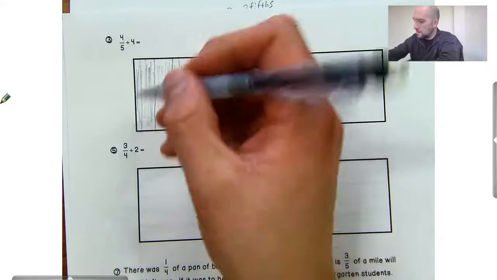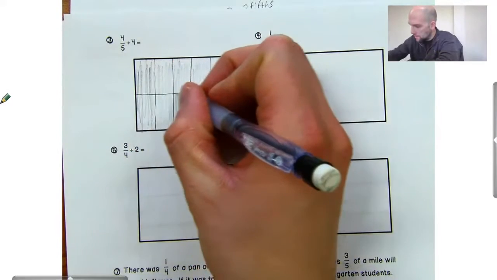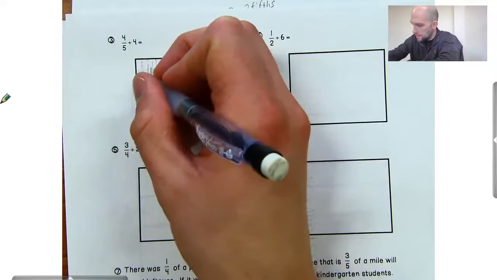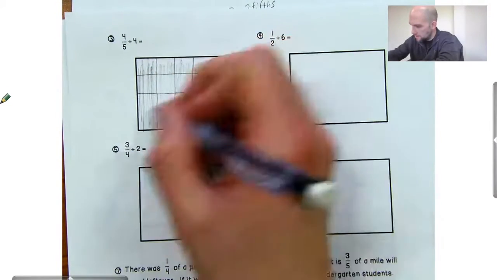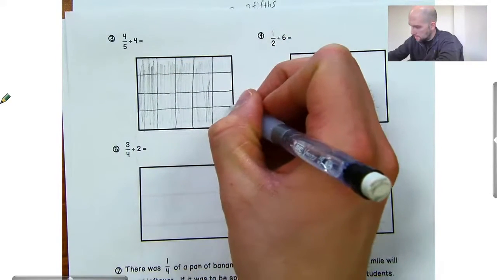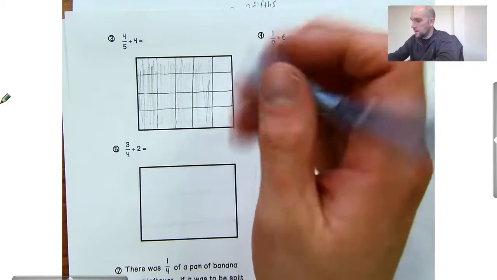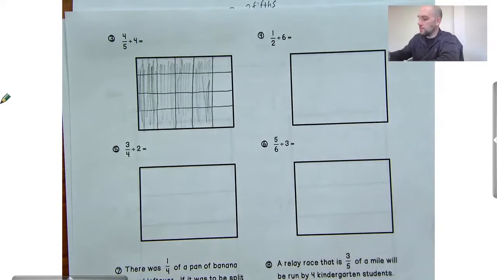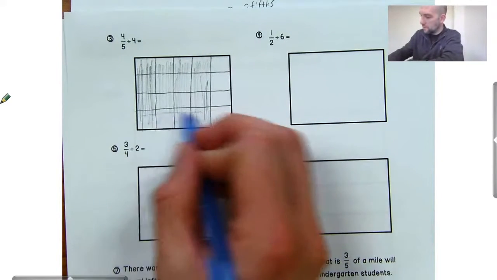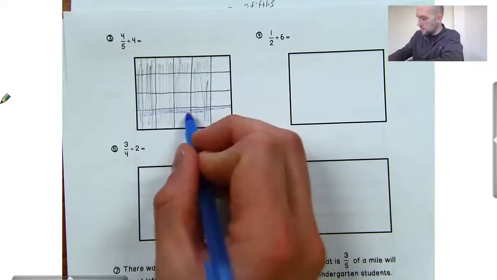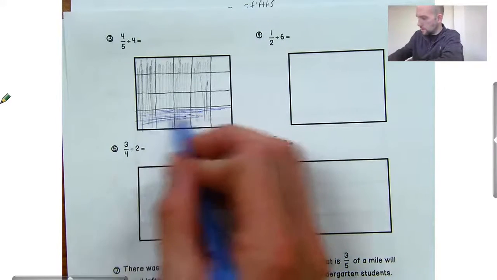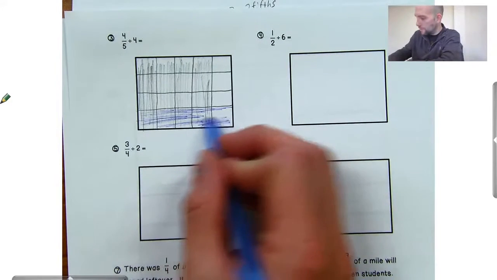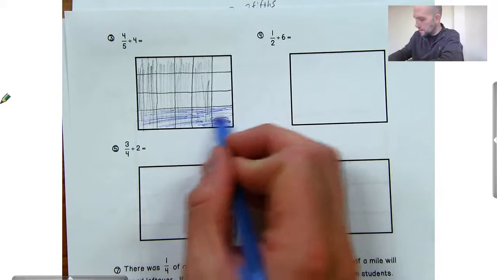And then I need to divide by 4. So I'll cut that in half. And then I'll cut my halves in half to make fourths. All right. And then I need to shade in blue one of those fourths. Because if we're dividing by 4, we're trying to find 1/4 of that.